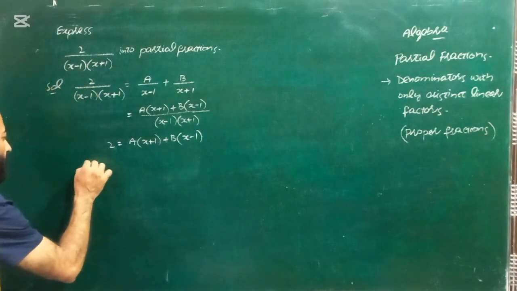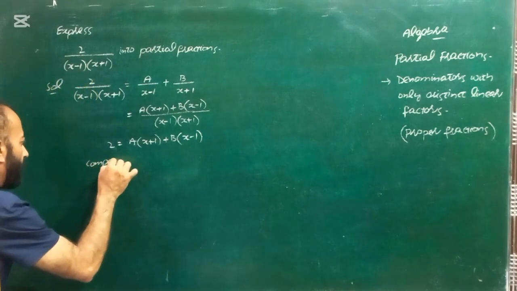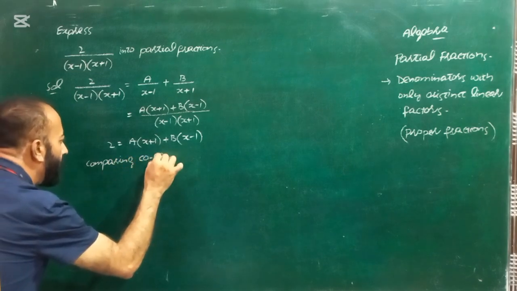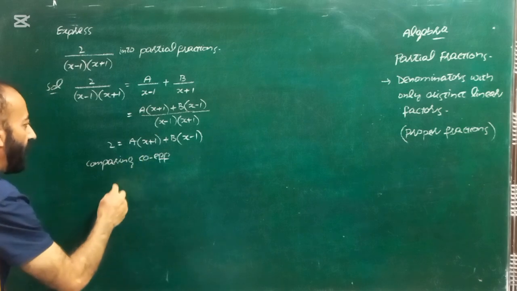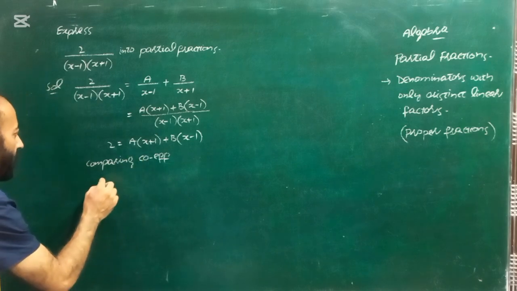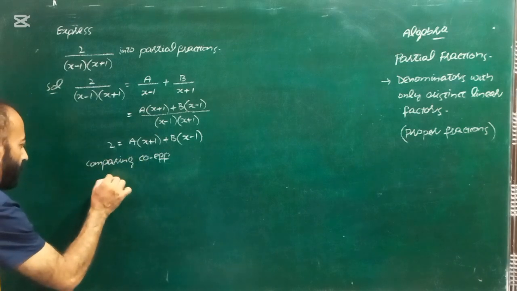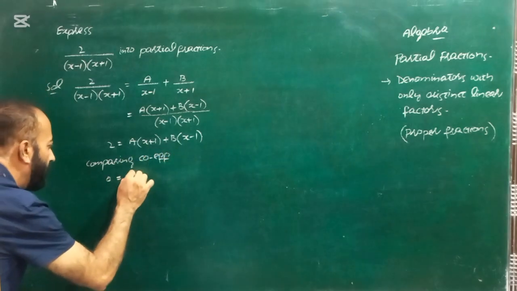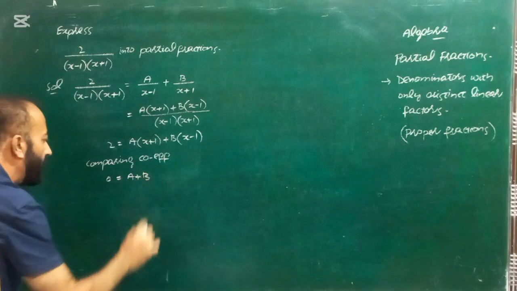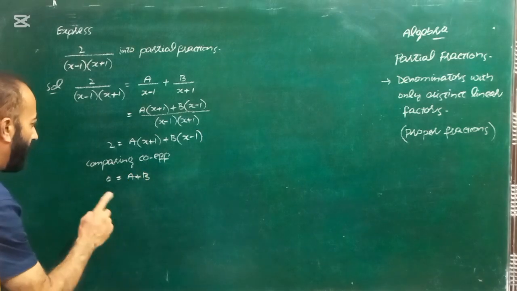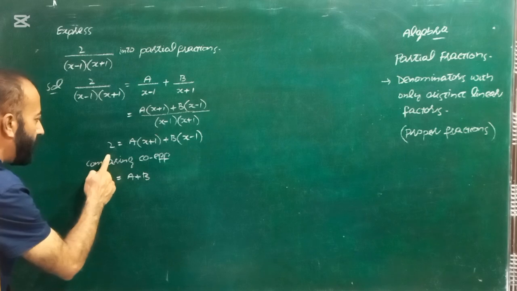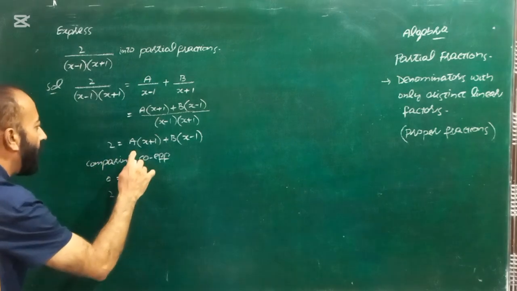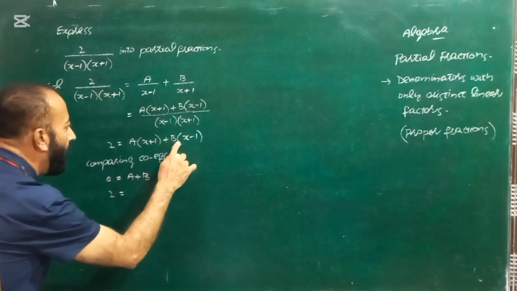So at this stage, comparing coefficients, on the left hand side the coefficient of x is 0, and on the right hand side, a plus b is the coefficient. Now the constant term on the left hand side is 2, and on the right hand side, a minus b.